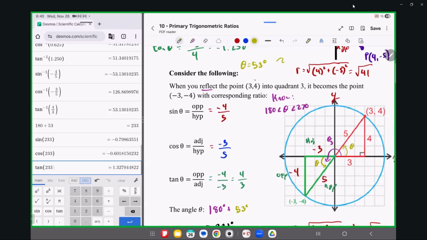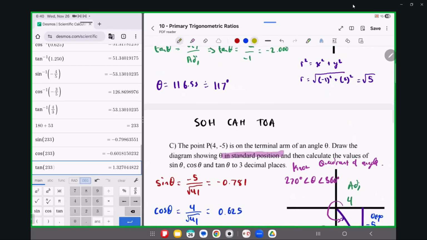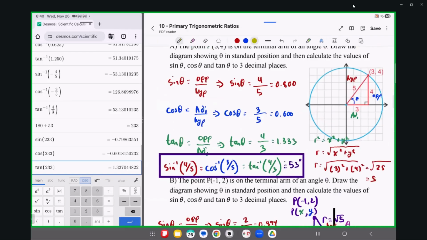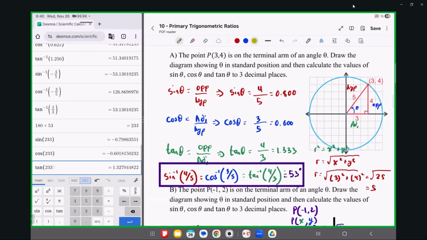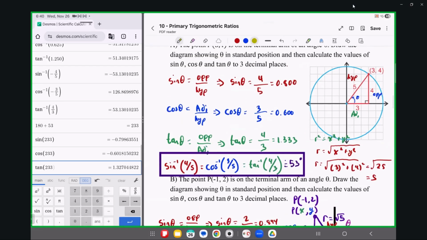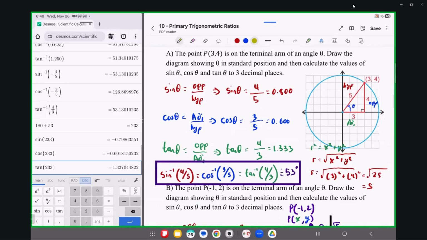And so, just as a little note, we want to be using something called the reference angle to figure that out. Because I've already shown you that when you try to calculate the angle in the different quadrants, other than quadrant one, they end up being different. In example A, we got the same thing because the point was definitely in quadrant one.